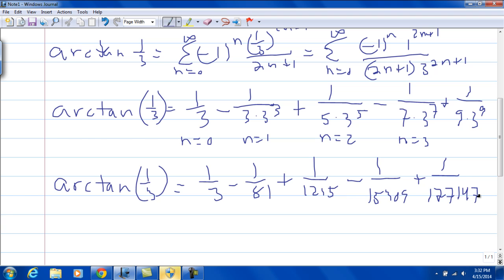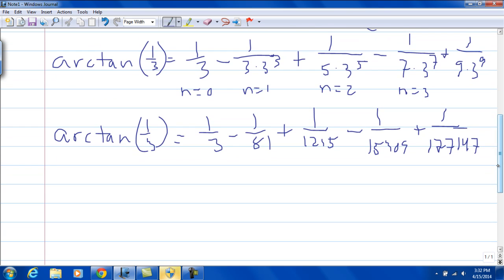See, they're getting really small there. Big denominators. So let's just take a look at that 1/1215.